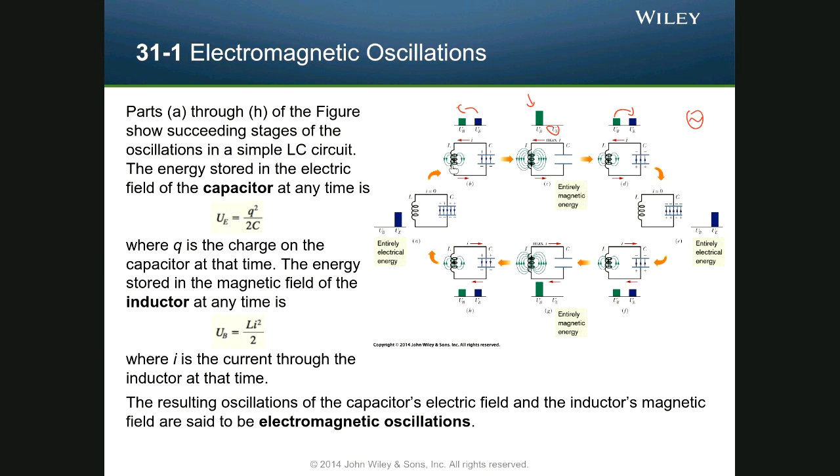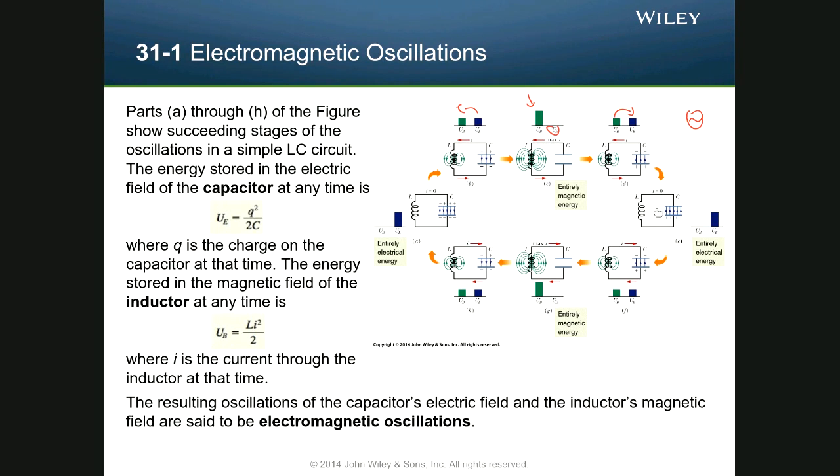And we have a growing current until we get to C. This is where the current peaks, and then because there's nothing to draw from anymore, it starts to decrease and charge starts to build up. So now the current is still flowing in this counterclockwise direction, but it's decreasing, and then we get back to a minimum.